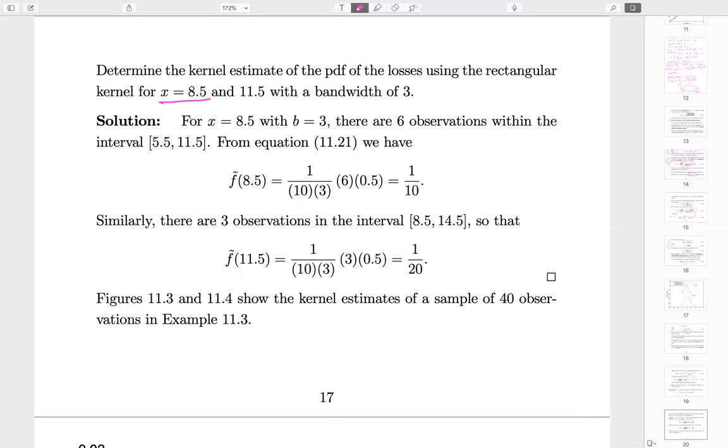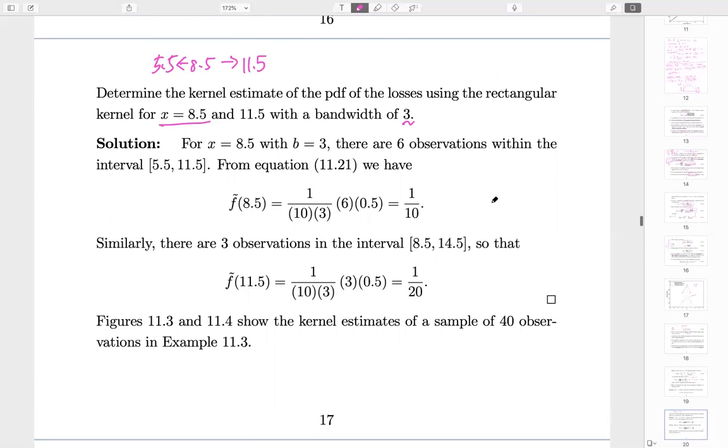Right. So here we have bandwidth, it's 3. So the furthest that you can go is 11.5. The shortest that you can go is 5.5. Any points between those could contribute to 8.5.